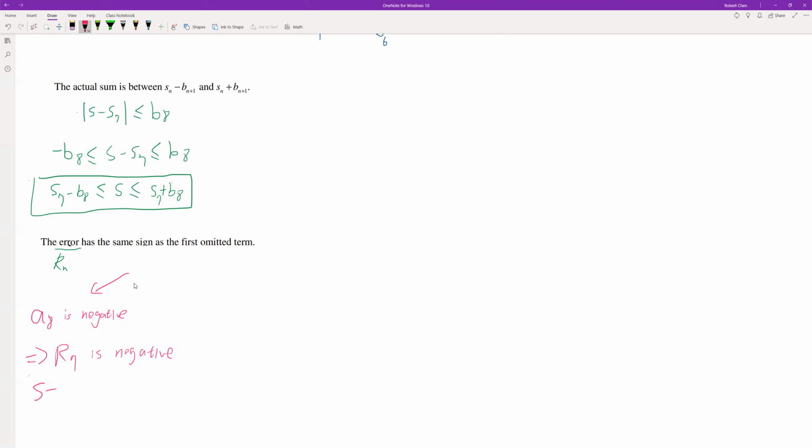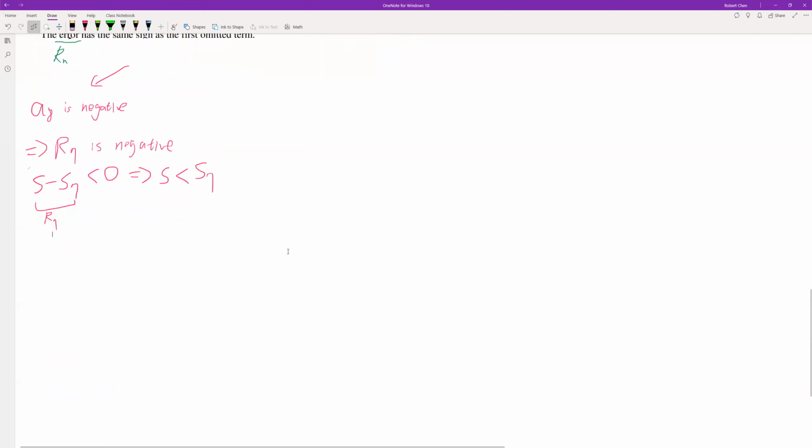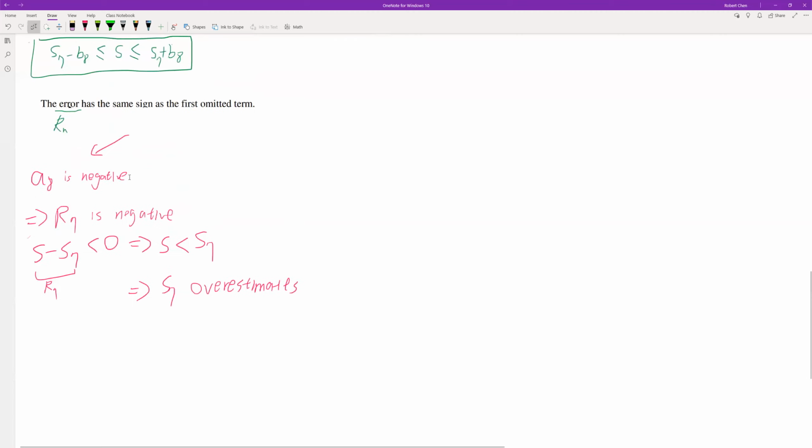And therefore S minus S7 is less than 0, which means S is less than S7. S minus S7 is just R7, right? So S is less than S7. That means S7 overestimates. S7, the partial sum of the first 7 terms, is going to be greater than the actual sum. So this is what we can say when we look at the sign of the first term in the remaining series.